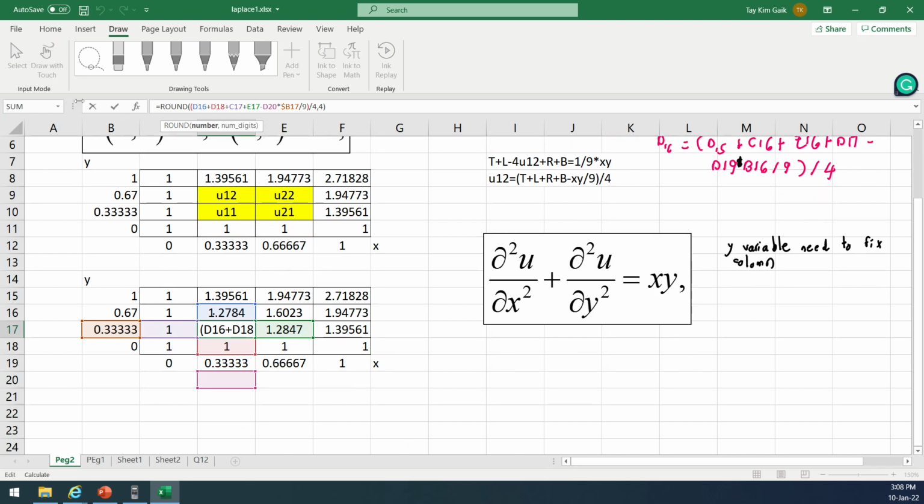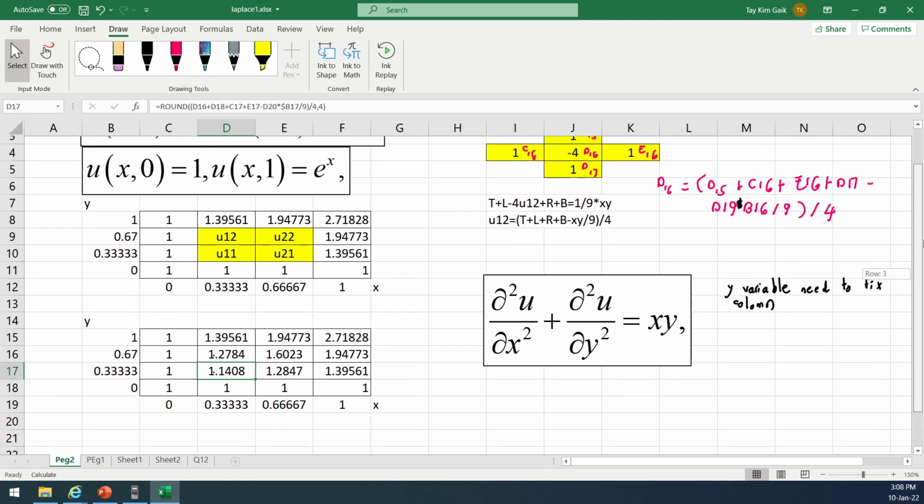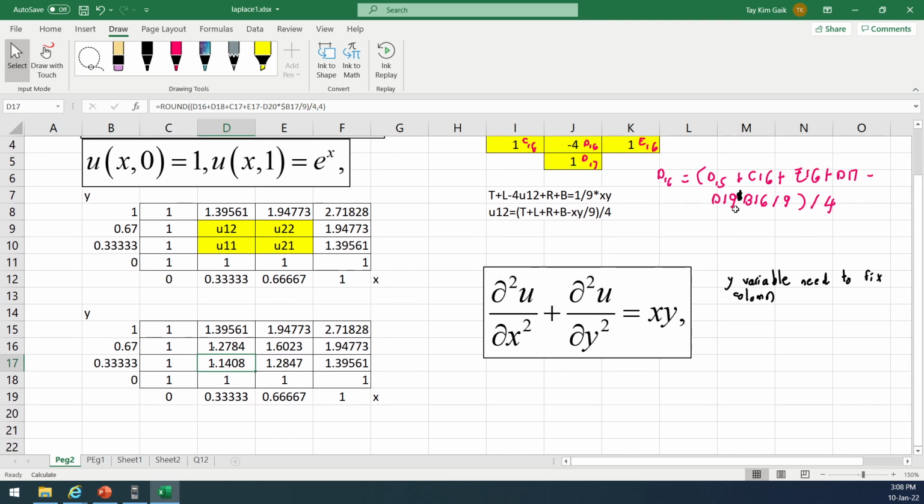So when we copy it down, D19, which represents the X, will become D20. That's what happens here, D20. So for the X variable, you need to fix the row. We want X to maintain at D19.